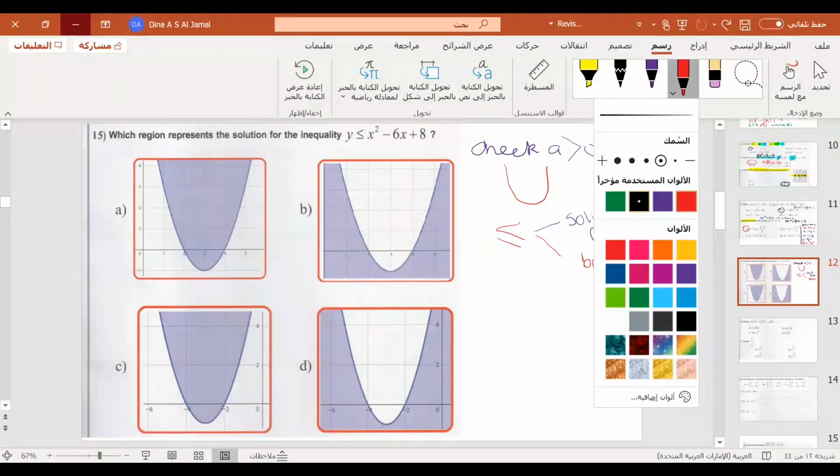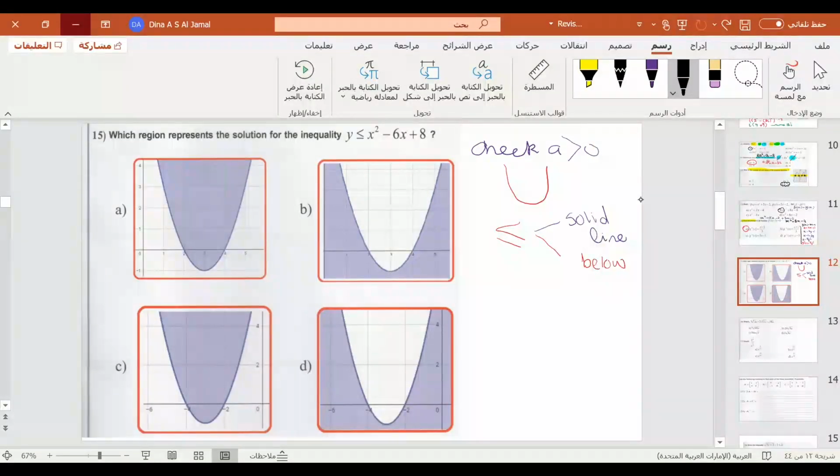Also, other than this, as I explained before, you can find the axis of symmetry, you can find the roots. So you can work on this, and I will be showing some of this now. So let's just cancel some of the answers. I know that my shading should be below. Your A and C are shading above the line, which is wrong.